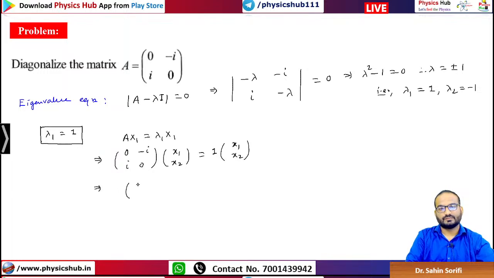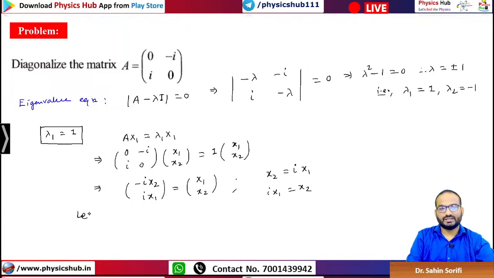So this is minus i times x2, this is i times x1, equal to x1, x2. So we can write x1 equals minus i times x2, and from the other one also you can say i x1 equals x2.